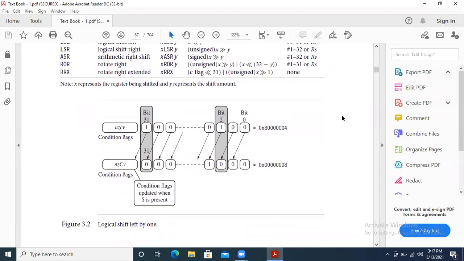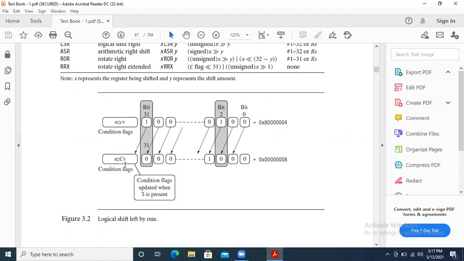See, we have given an example here. If it is left, it changes like this. Shift the value from left to right or right to left here. See what happened here? Logical shift left by 1 means the 1 becomes your output, then the 0 becomes 31, then 0 becomes 21 like this.